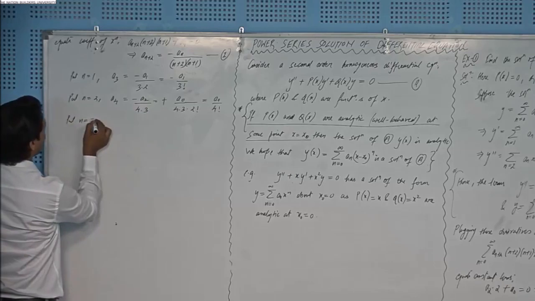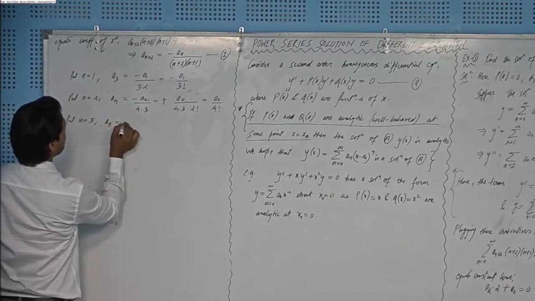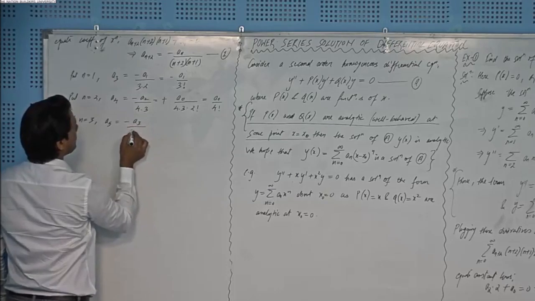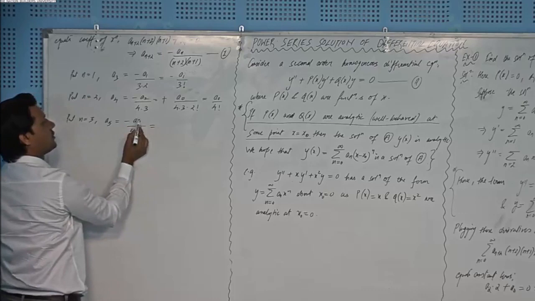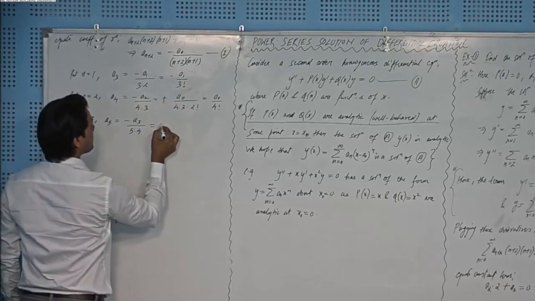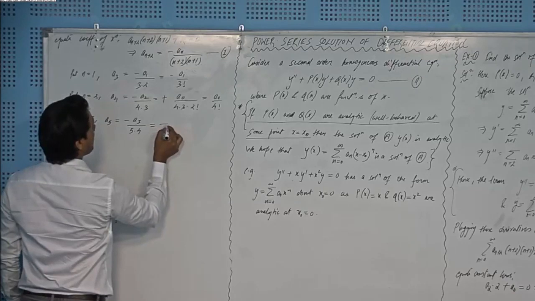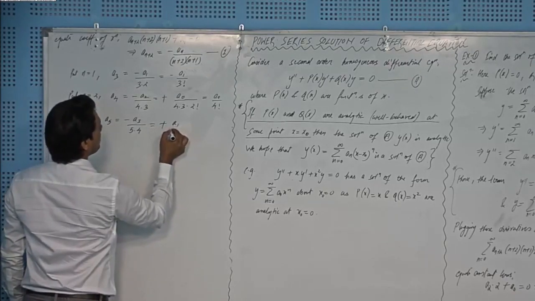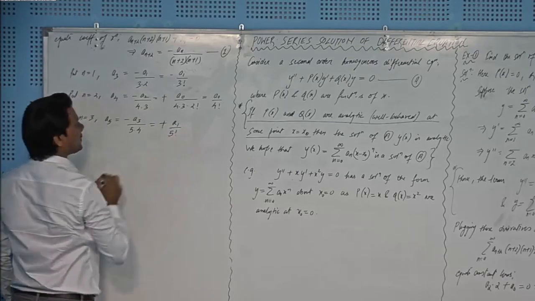Put n equal to 3, that will give A5 is equal to minus A3 over 5 multiplied by 4, and you can use the value of A3 from here, and that will become plus A1 over 5 factorial ultimately, right?